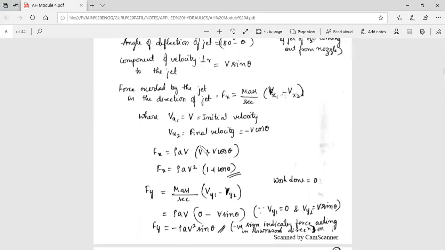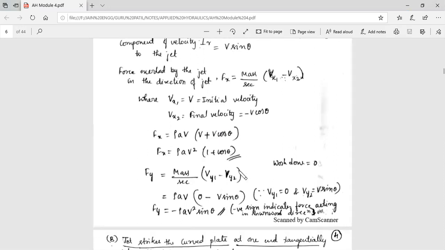Initially it is hitting with the velocity V and the final velocity will be V cos theta, because initial minus final velocity, so minus into minus becomes plus. So Fx is equal to rho A V square, V can be taken out as common, (1 plus cos theta).